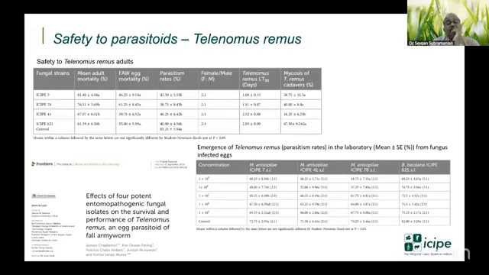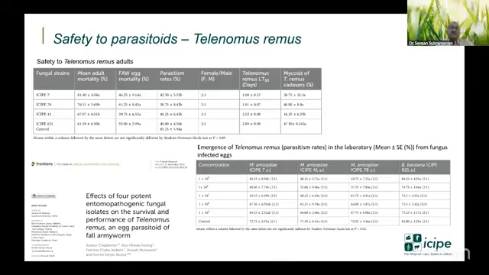And also, when the parasitoid is allowed to parasitize an egg, and the entomopathogenic fungus is applied later, the emergence rates of the parasitoids are not very significantly impacted. So clearly, these two techniques could be integrated in an integrated pest management strategy for fall armyworm.